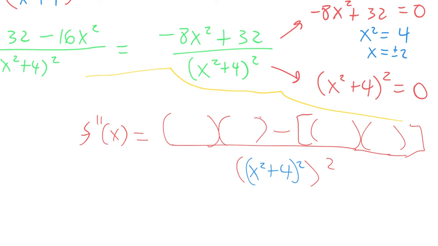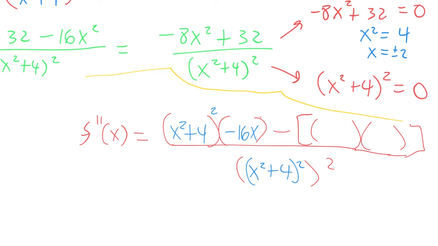That's going to go up here as well. Let's put the 2 there. So it's x squared plus 4 times the derivative of the numerator, which is negative 16x. And then we're going to be multiplying the derivative of this bottom part right here.